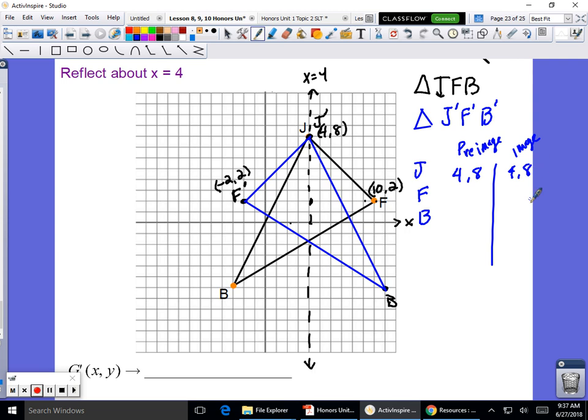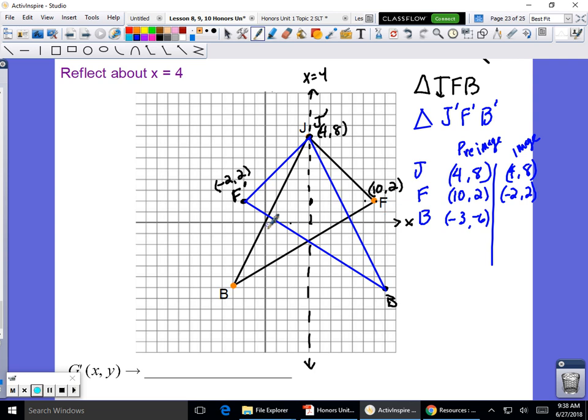Nothing changed. For F, though, it changed. It started at 10, 2, and it changed to be negative 2, 2. And B started off as negative 3, negative 6.